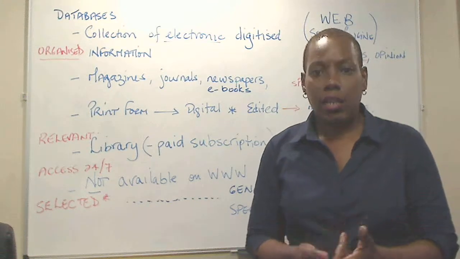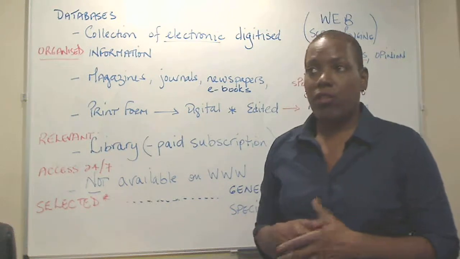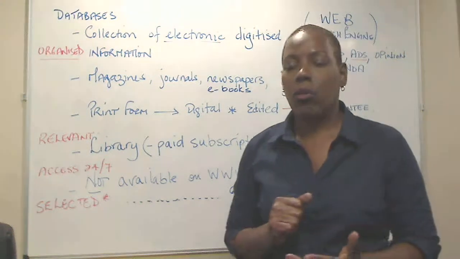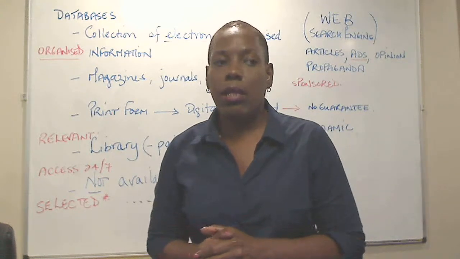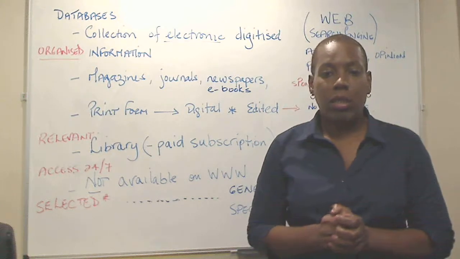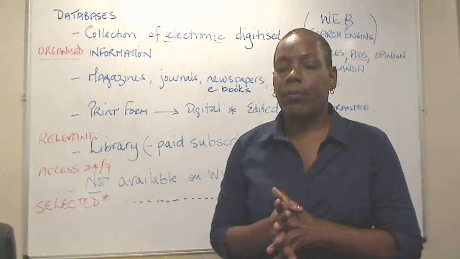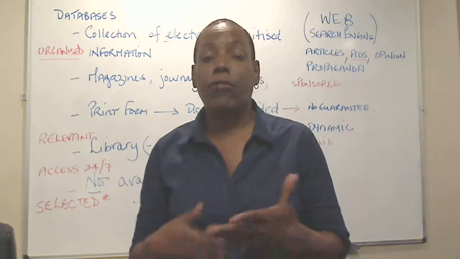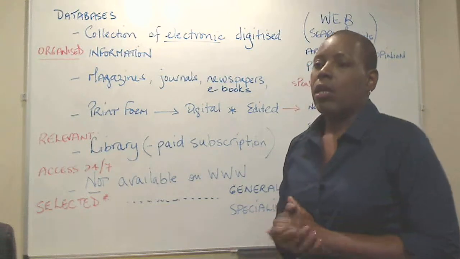And again, you would have seen typically the examples such as Business Source Premier. There's also Health Source for nursing. There is the Literature Resource Center, Psychology and Behavior Sciences collection, and there is Criminal Justice Abstracts. These are just a few examples of the specialized databases.